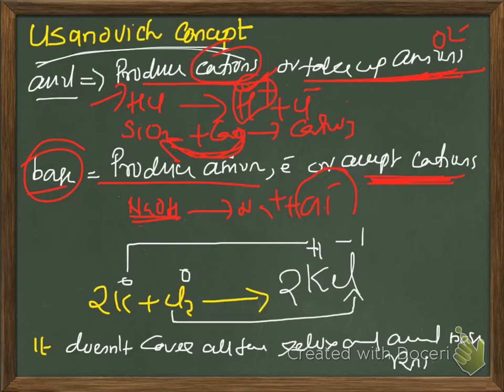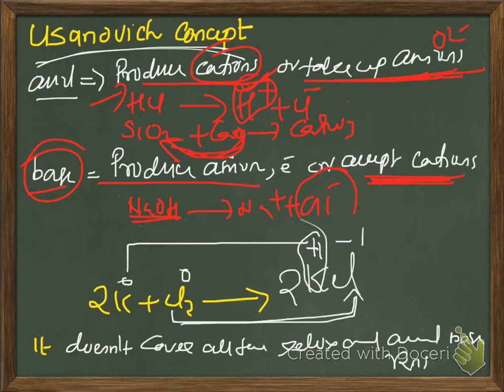From this change in oxidation number, we can understand that potassium donates an electron and becomes a cation with positive charge, and chlorine accepts that electron donated by the potassium and becomes a negatively charged ion. Or simply, this is an electron transfer reaction.